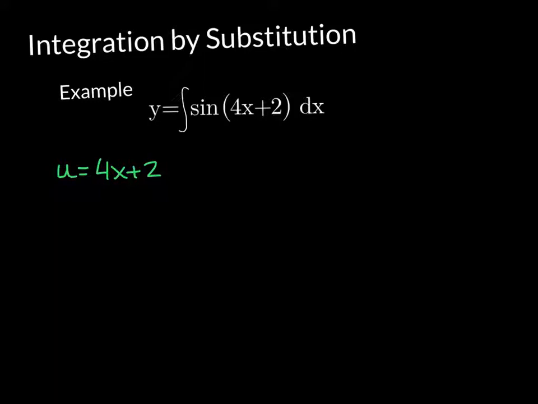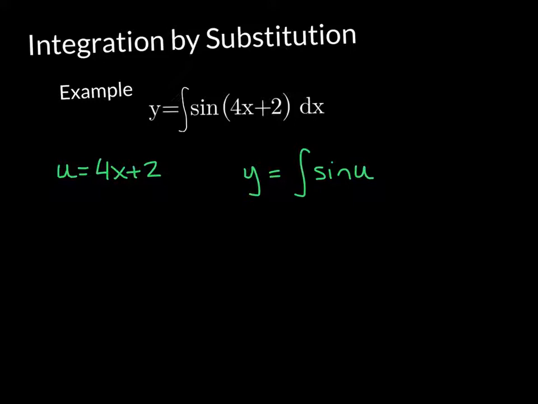To make things simpler so that we can use the standard rules for trigonometry, we can then say that y is equal to the integral of the sine of u. But now we can't integrate the function of u with respect to x, we should be integrating it with respect to u.